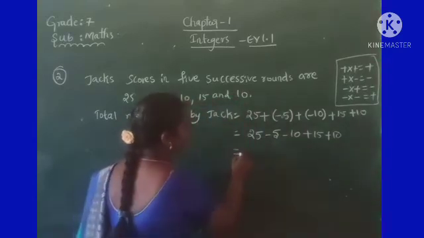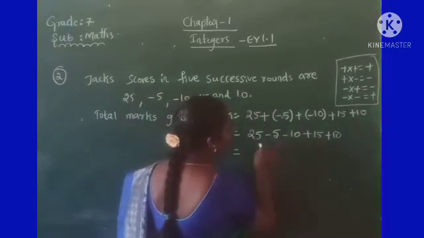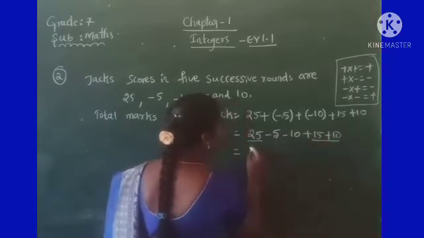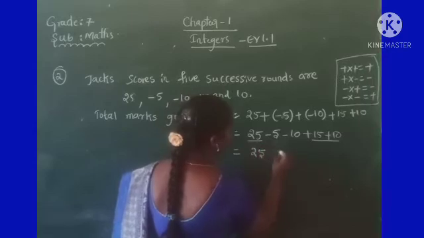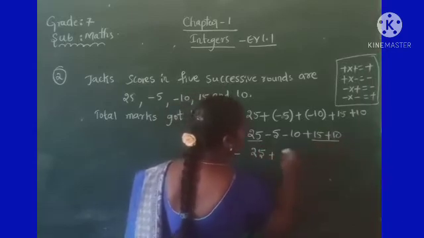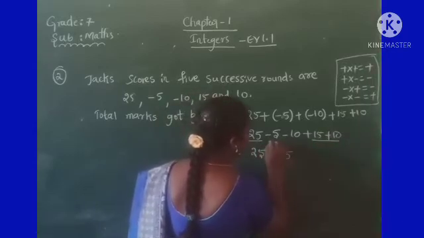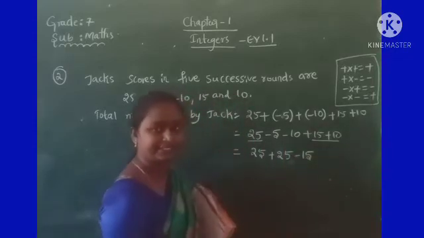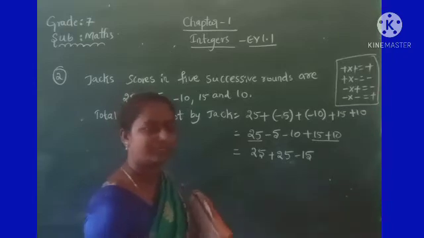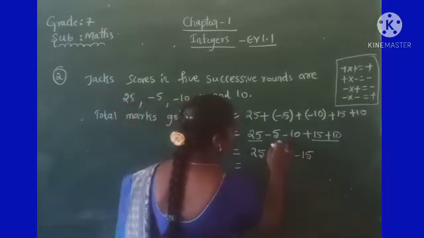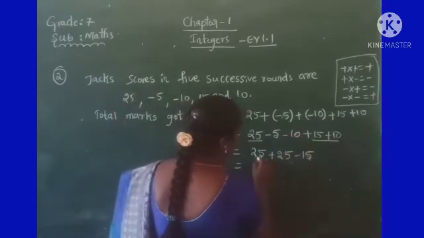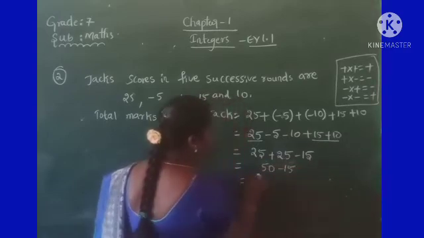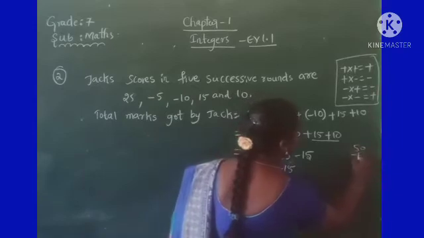The standard operations you have to remember. Now add. Here all the positive integers we add: 25, 15 plus 10. Total how much? 50. Very good. Minus 5 minus 10: two negative integers, first we have to add and give the minus. So that is 5, 10, 15, minus 15. Now subtract: 50 minus 15.